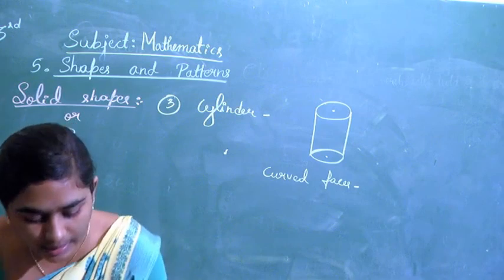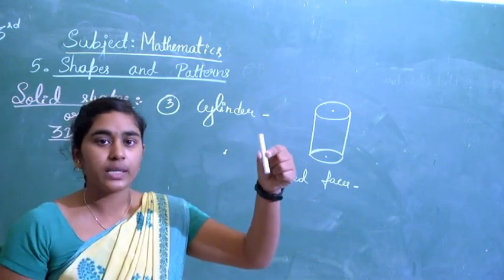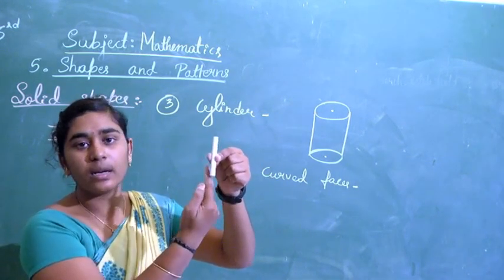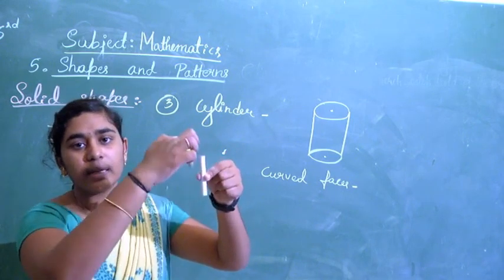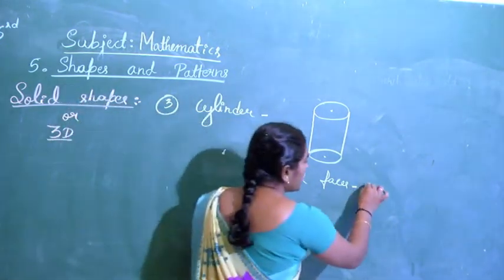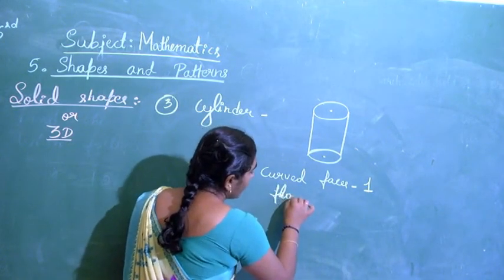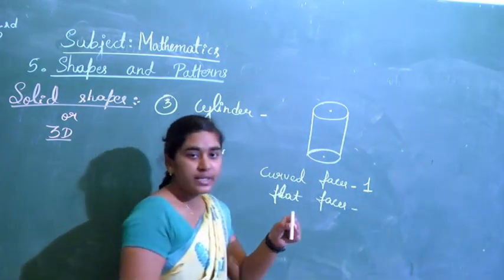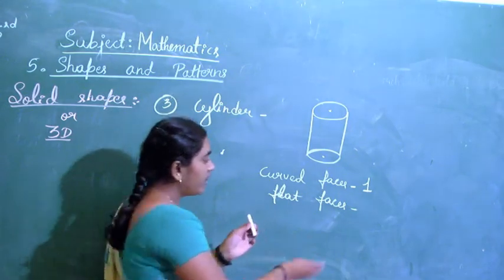If you take an example of a chalk piece, a chalk piece is also an example for a cylinder. If you see, this is the curved face, you will observe. So there is one curved face, and coming to the flat faces, the top circle and the bottom circle are flat faces.